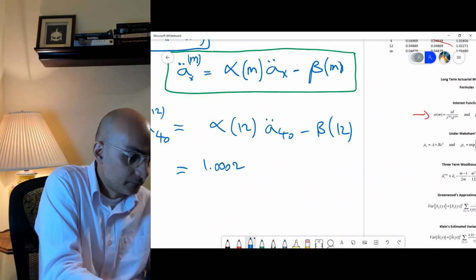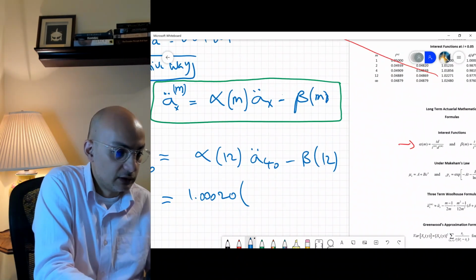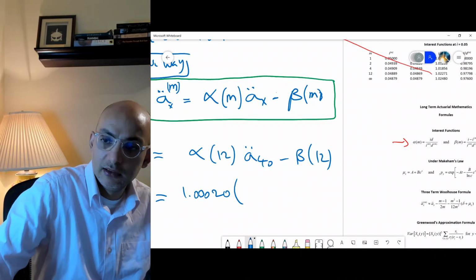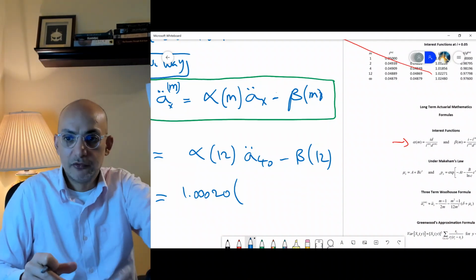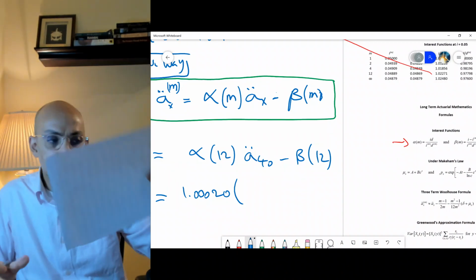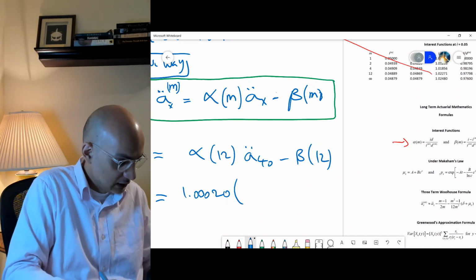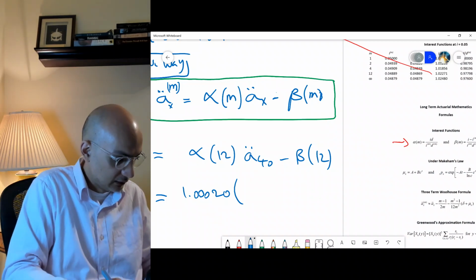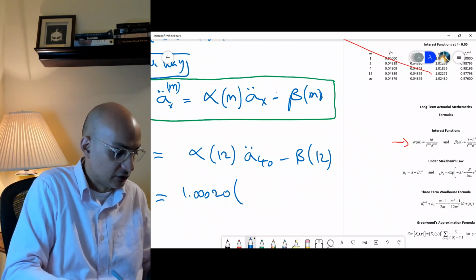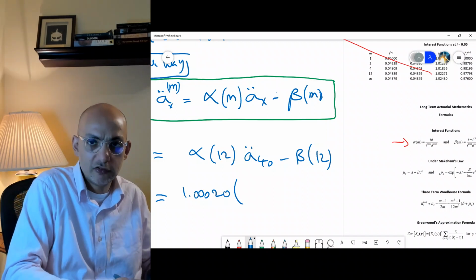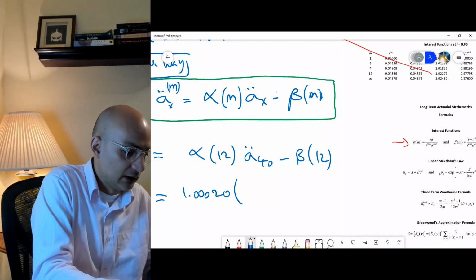What is A40? We already found A40. I have the table here, so instead of going back and forth, I assume that all of you print the table, so you don't need to keep going back and forth looking at the video. Especially in this session, you need to have the life table with you.